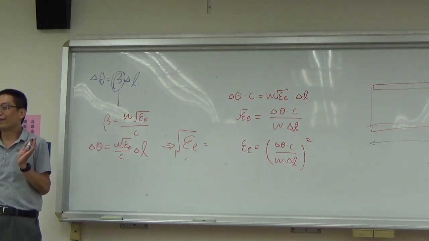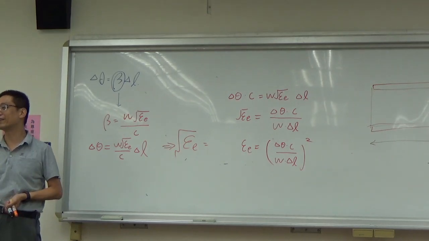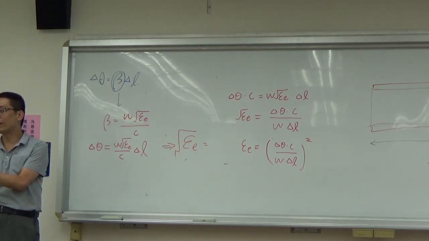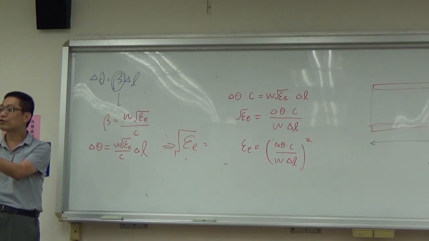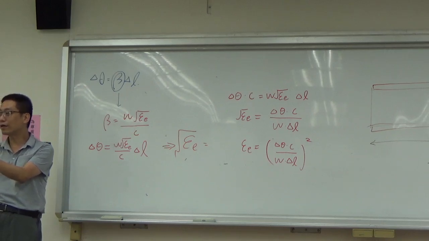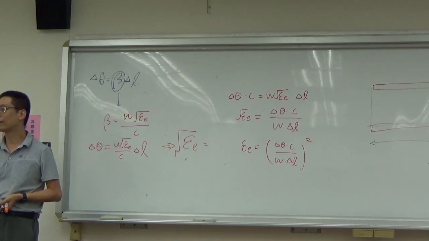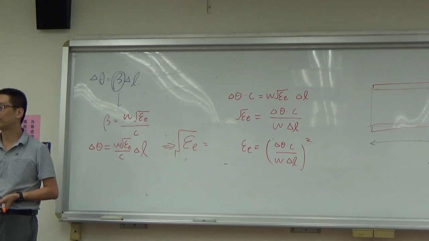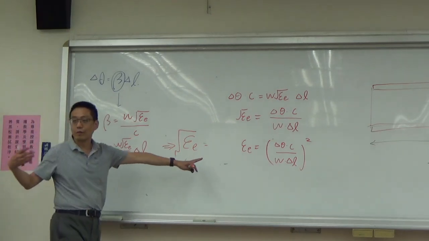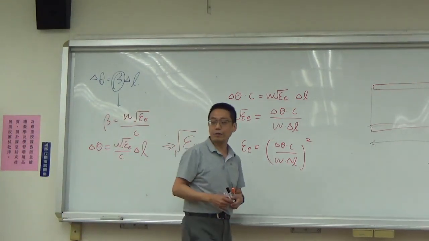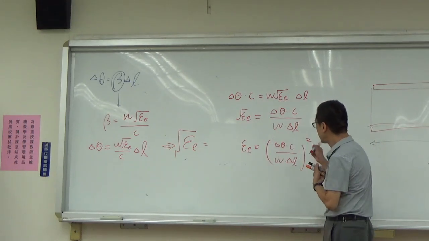What did we do at the beginning? We measured different lengths of the strip line, right? What did you measure at the beginning? Tell me, what is this one?